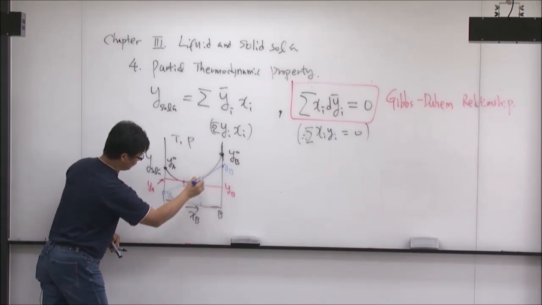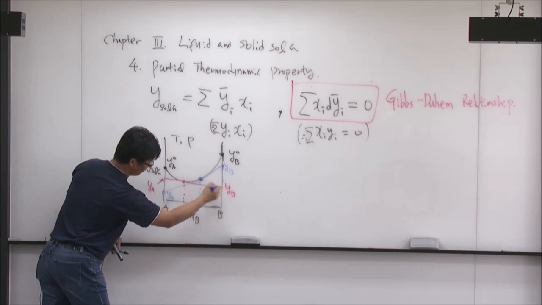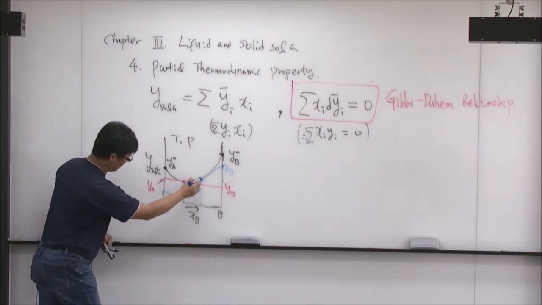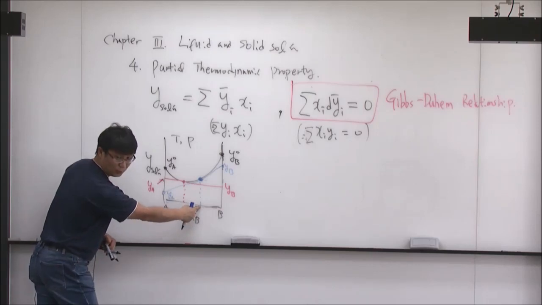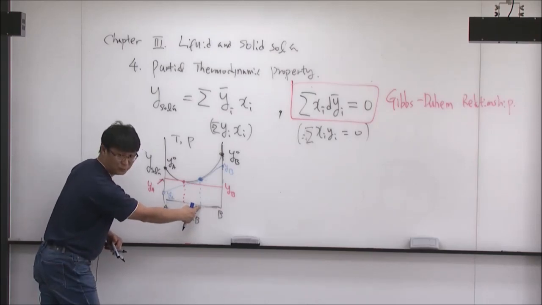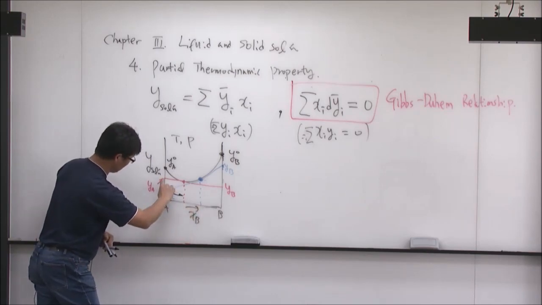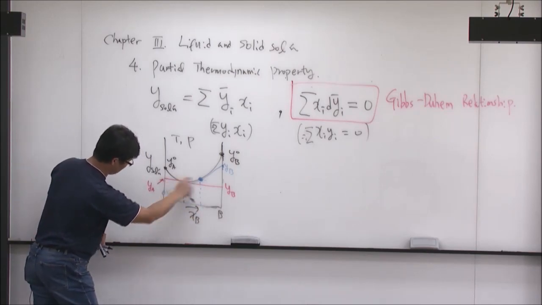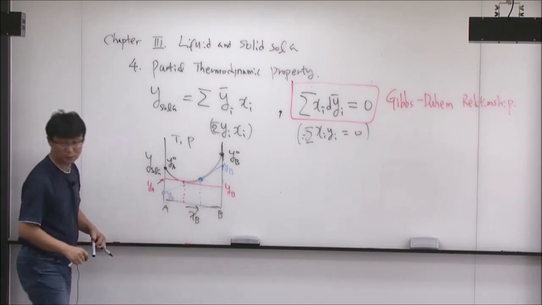If I take this one and the mole fraction of B, this will give you this amount of contribution. And then if I take x_A, which is about 0.3, for example, with 0.7 of B, if I multiply and take that contribution, the two together will give you exactly this point.